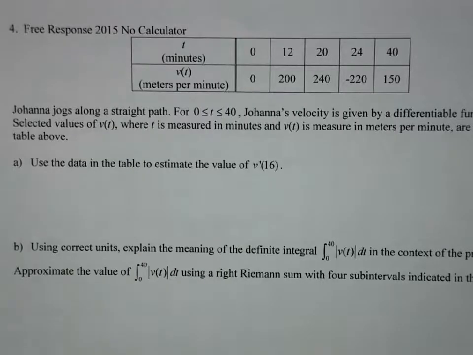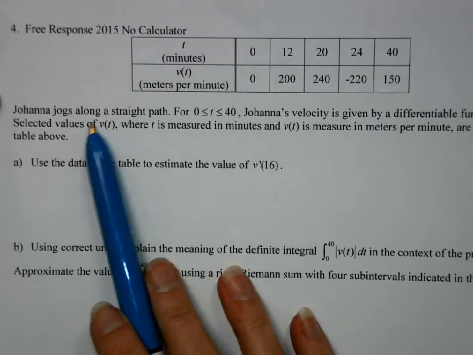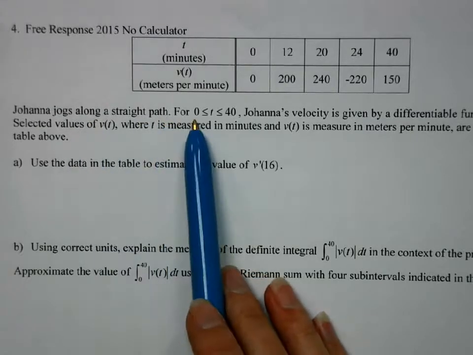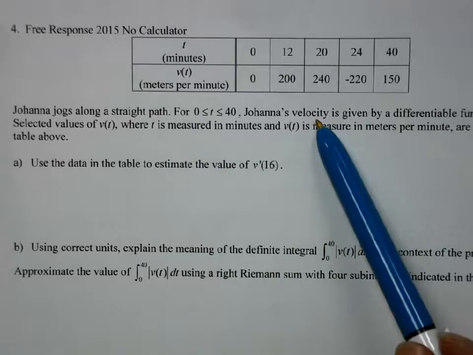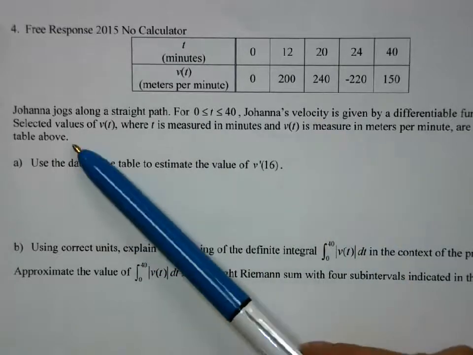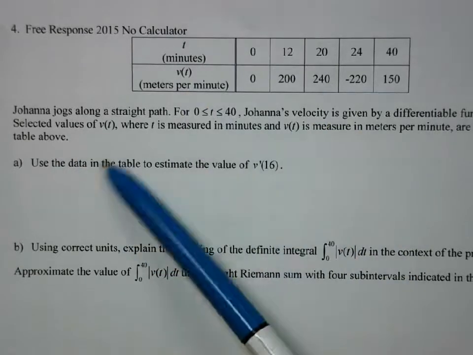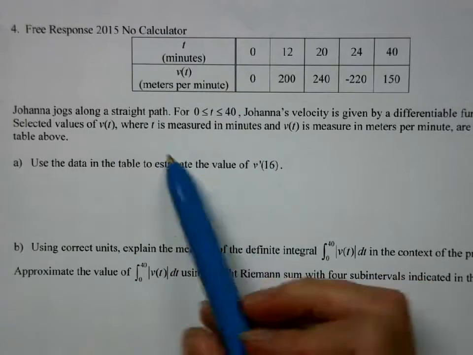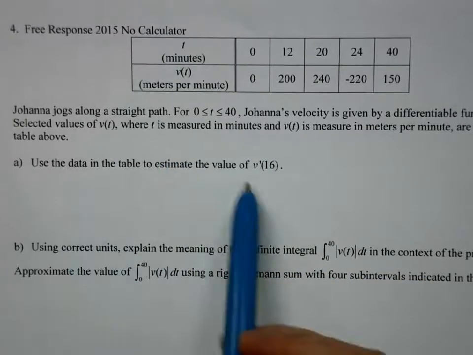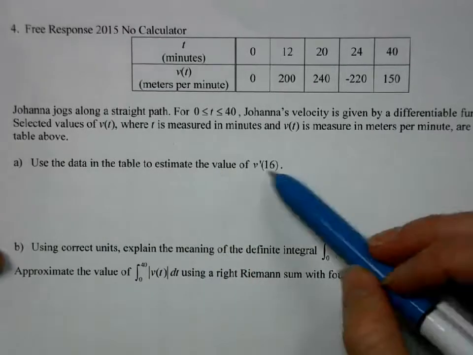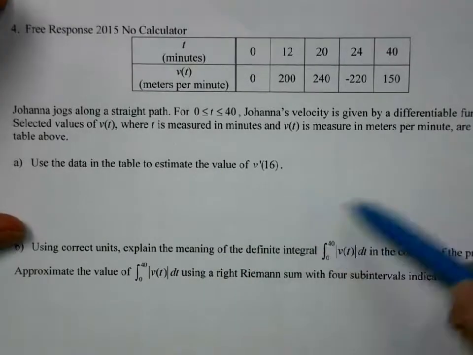All right, so now we're going to see how this looks in an actual AP problem. So Joanna jogs around a straight path from t equals 0 to 40. Joanna's velocity is given by the differentiable function v. Selected values of her velocity are given in the table. Use the data to estimate v prime of 16. Okay, so v prime is the instantaneous rate of change at 16.